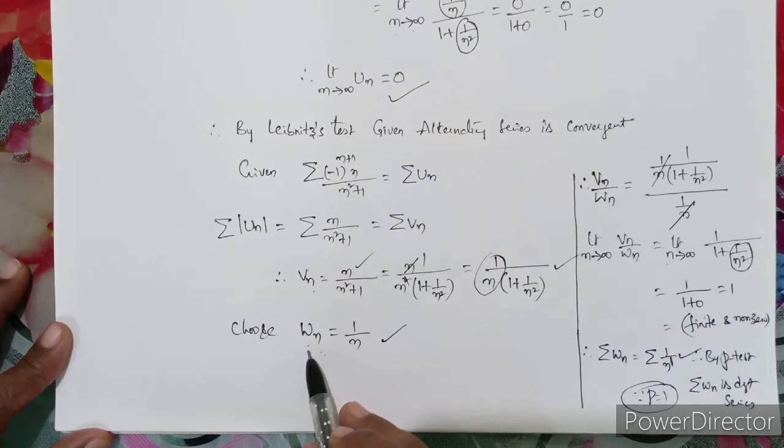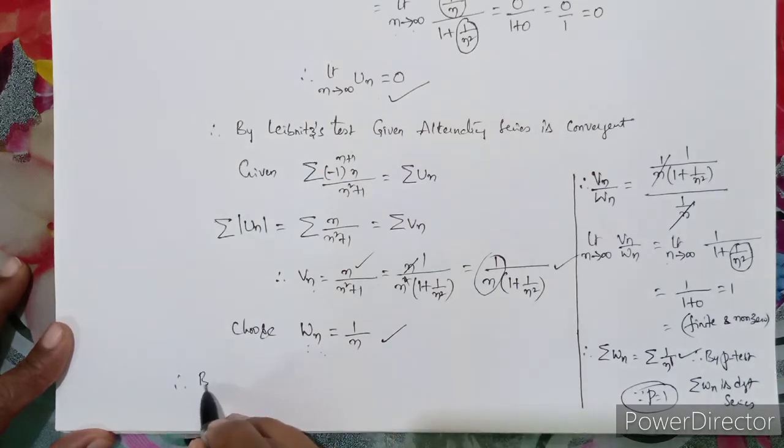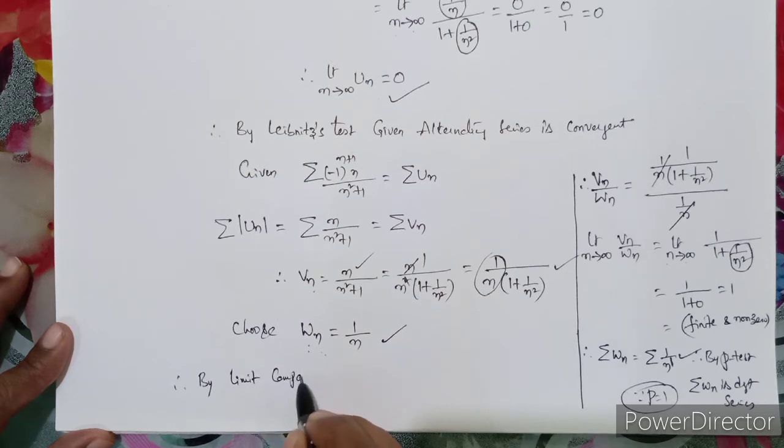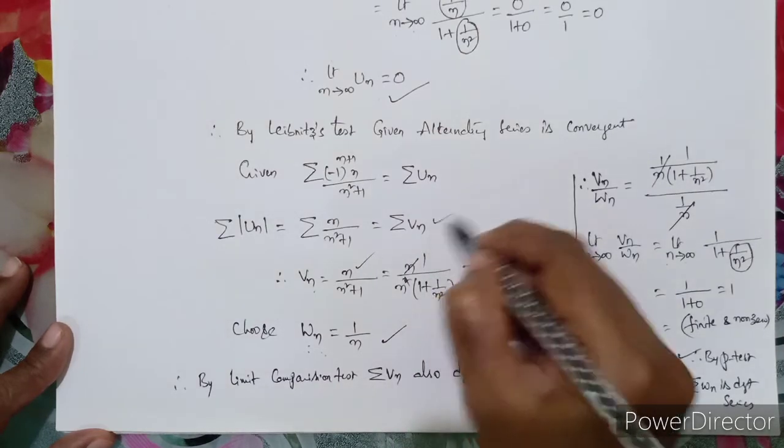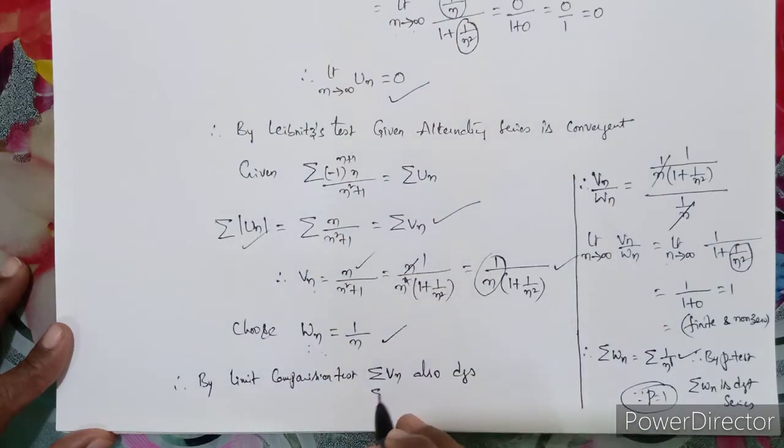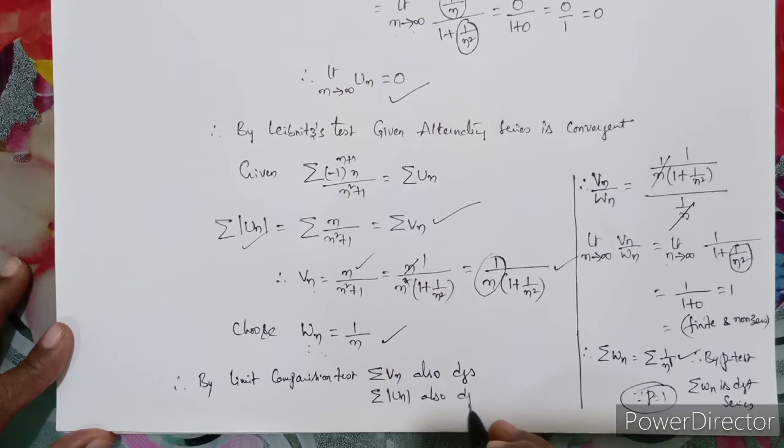If this is a divergent series, then by the limit comparison test, sigma vn also diverges. Sigma vn is nothing but sigma mod un, which also diverges.